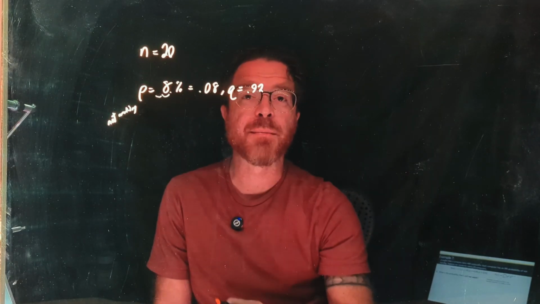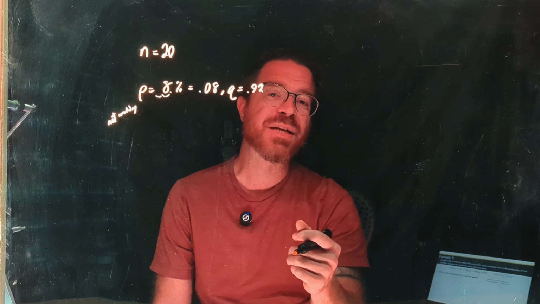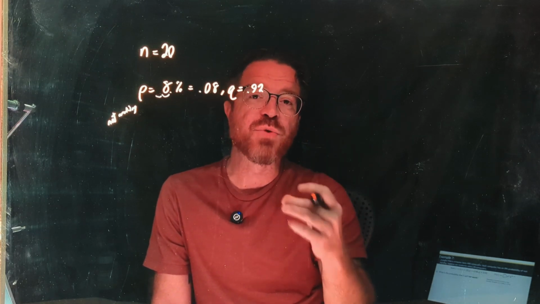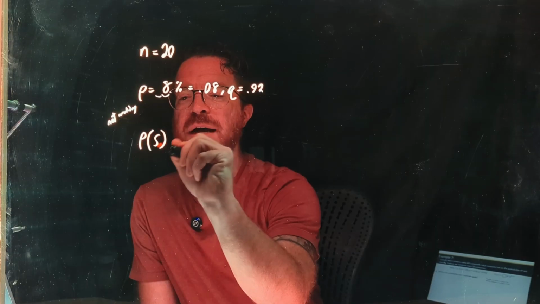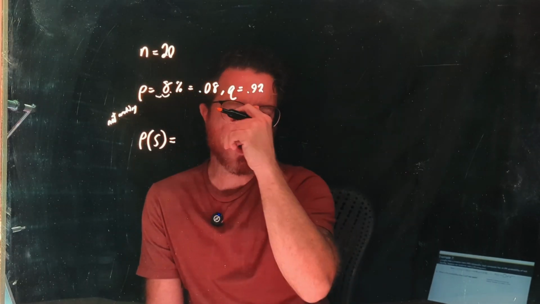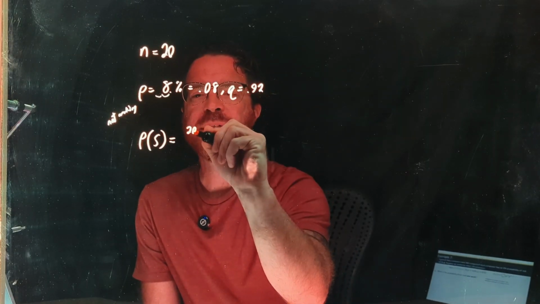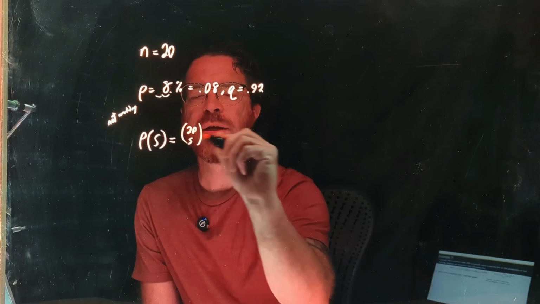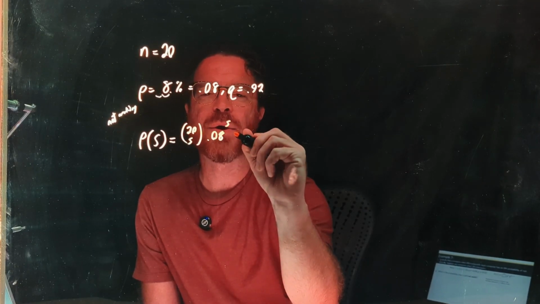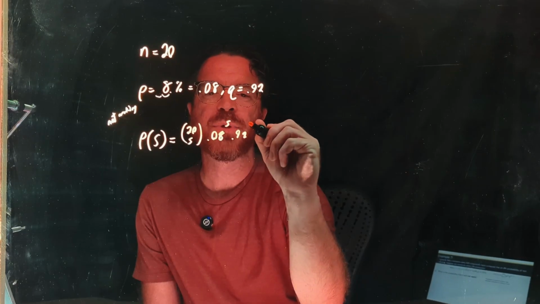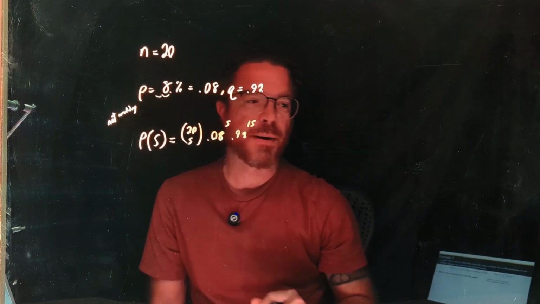Meaning that this is our probability of success. Our success condition is finding computers that do not work. So we're just going to do the probability of finding 5 computers that don't work. And this will be 20 choose 5, 0.08 to the 5th power, 0.92 to the 15th power.